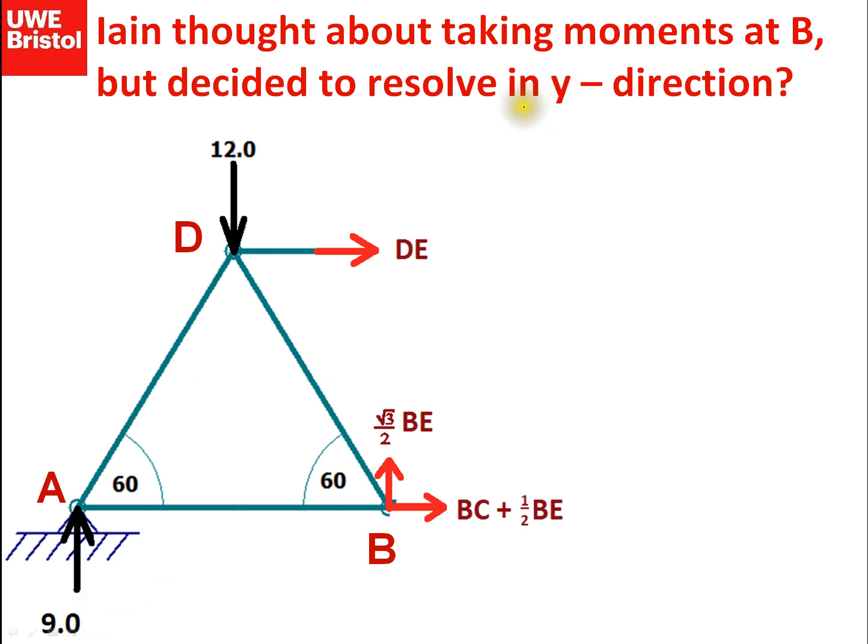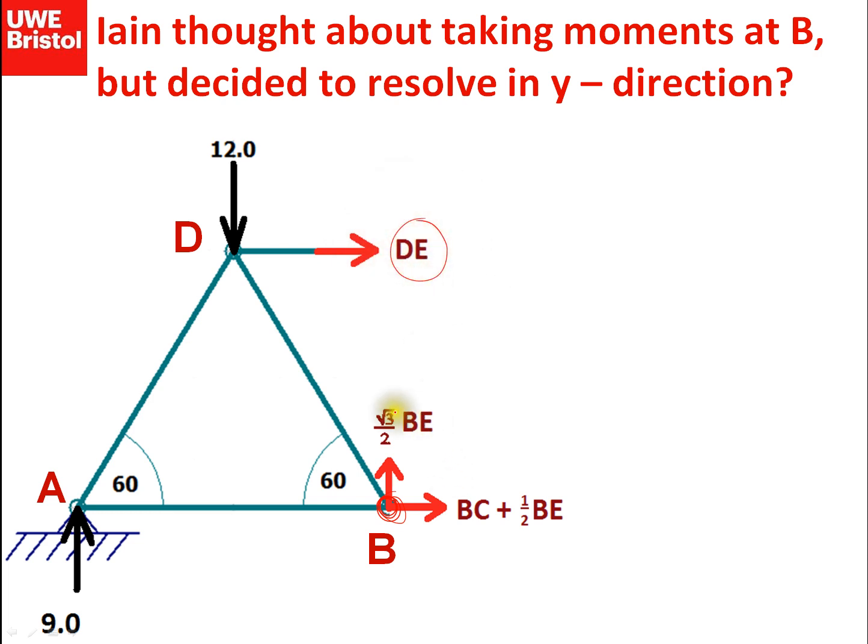Okay, so what do we want to do next? Well, we've got two options really. We could either take moments about this point B, or we could resolve in the y direction. And why are those two possibilities? If you take moments about point B, then you're going to get rid of these unknowns, and the only unknown that you'll have will be the DE.